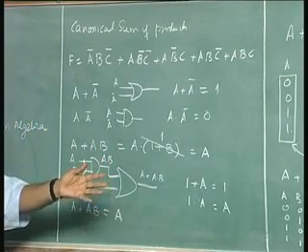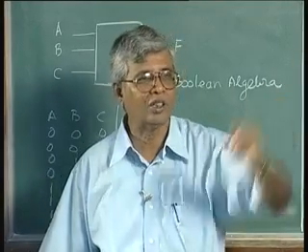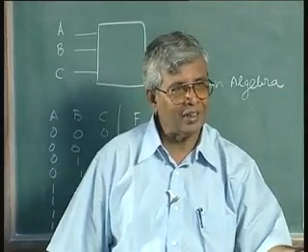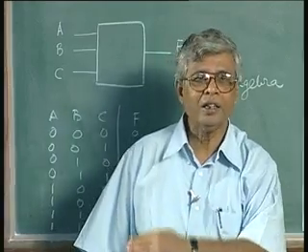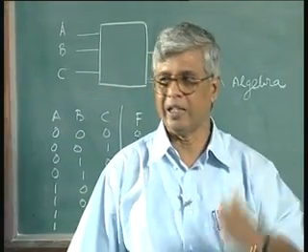Boolean algebra, as I said, can be rigorously taught as a tool of simplification of Boolean functions, but at the practical level we are looking at reduction of the hardware, both in terms of number of gates and number of inputs to each gate.